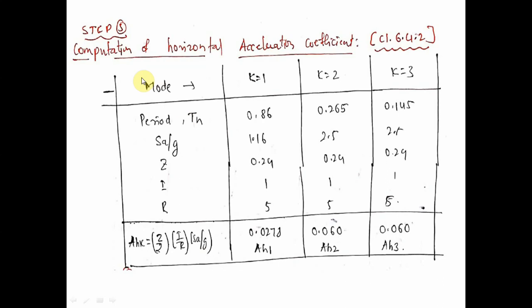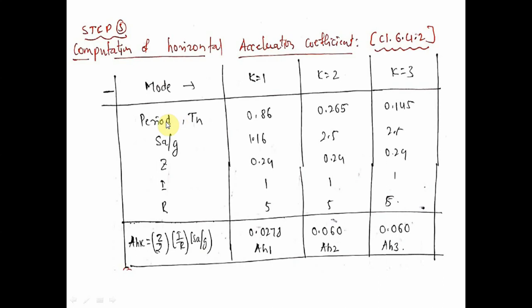Next I am going to calculate the horizontal acceleration coefficient, given by clause 6.4.2. Already I know the natural periods. Now put the table for mode 1, 2, 3. I am going to calculate AH for all three modes separately.